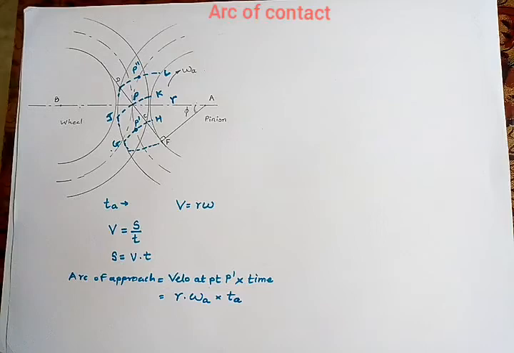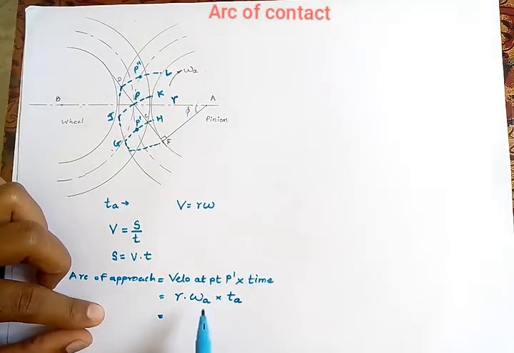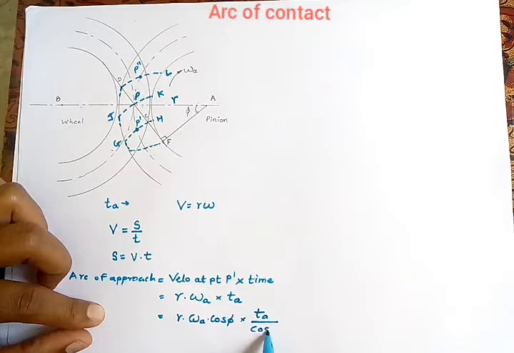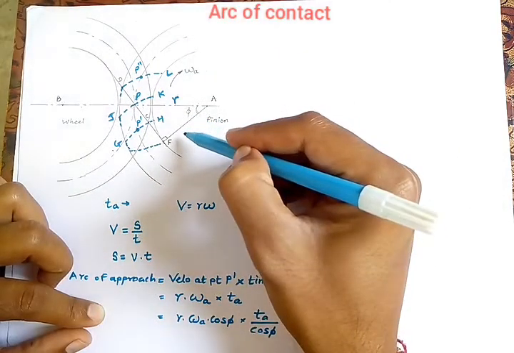Now instead of r omega, I will write this as r into omega A into cos phi into TA upon cos phi. So I have multiplied and divided the above term by cos phi. Now what is r cos phi from this figure?